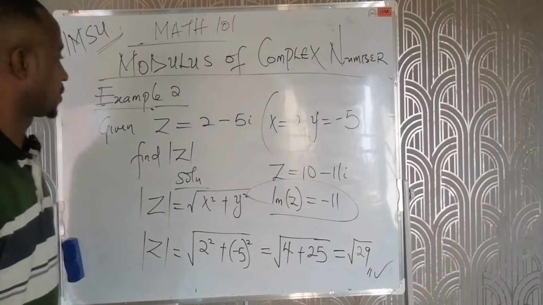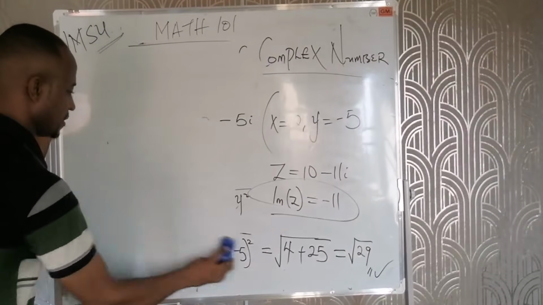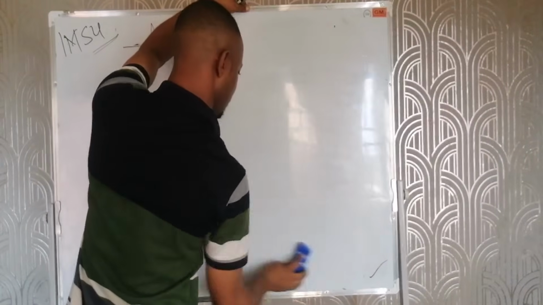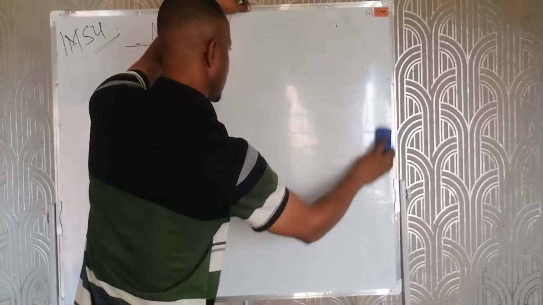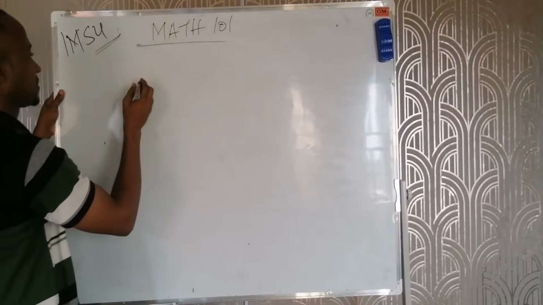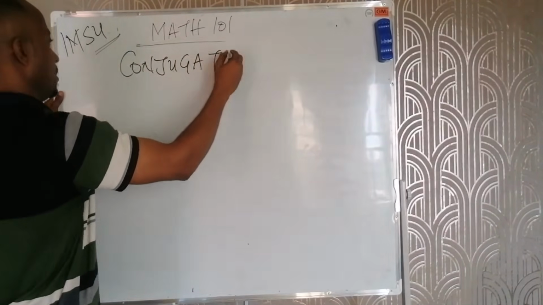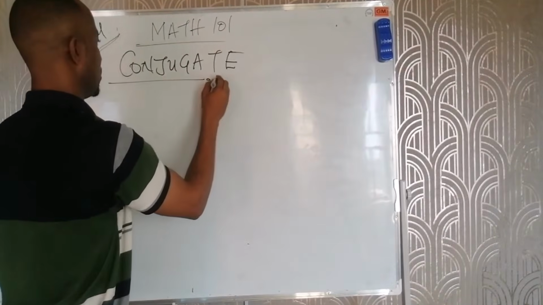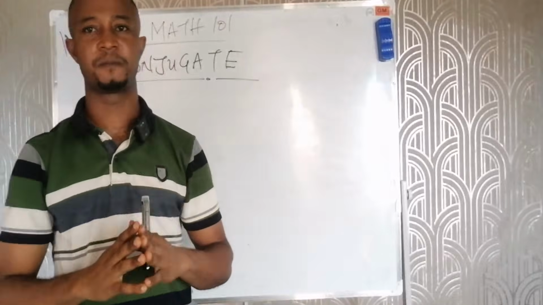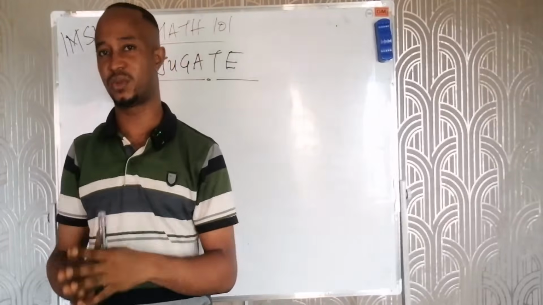Now let's go into the conjugate of a complex number. Take note that the conjugate of a complex number is the reverse sign of the imaginary part of the complex number.